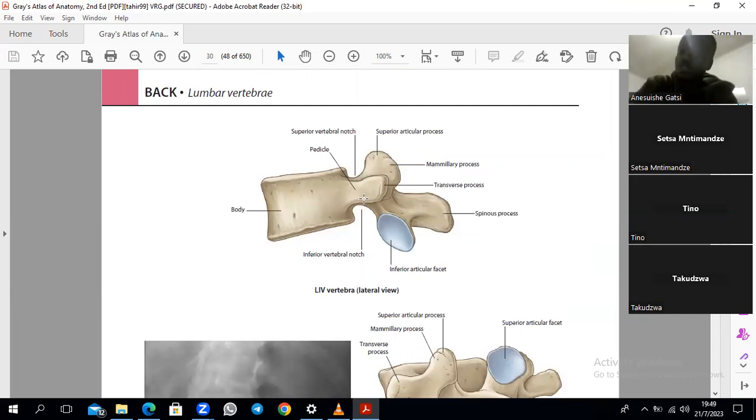For L5, it's going to be very, very short. It's also going to be thick, unlike the ones that I said are thin and long, right? Then the spine for L5 is also short and small. It's not as thick as L1 to L4, which we say are thick and quadrilateral. Then the body is largest, of course, for L5, because I said they increase in size as you go down. Right.